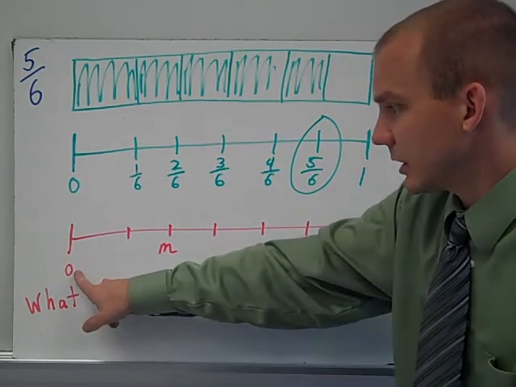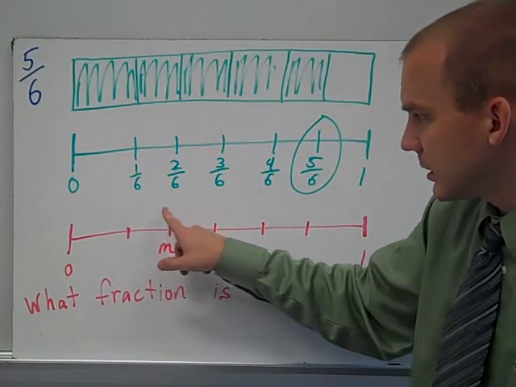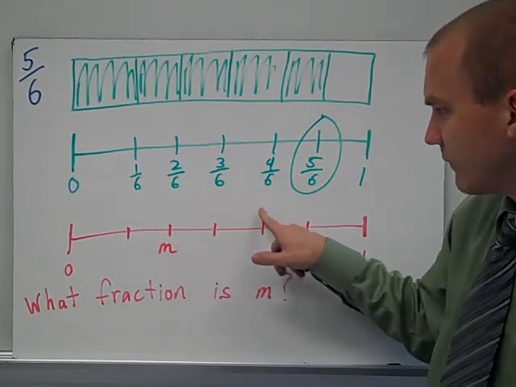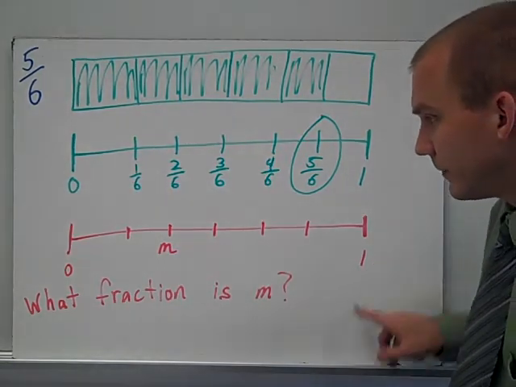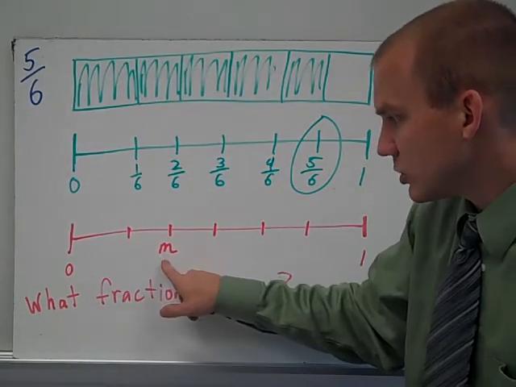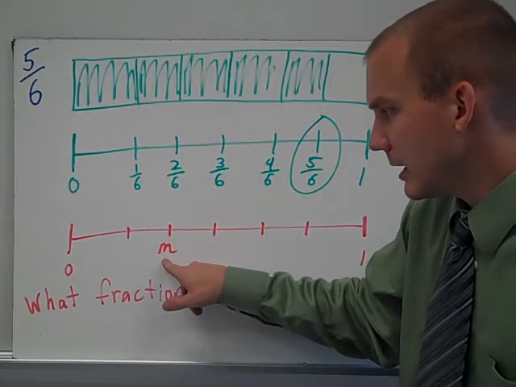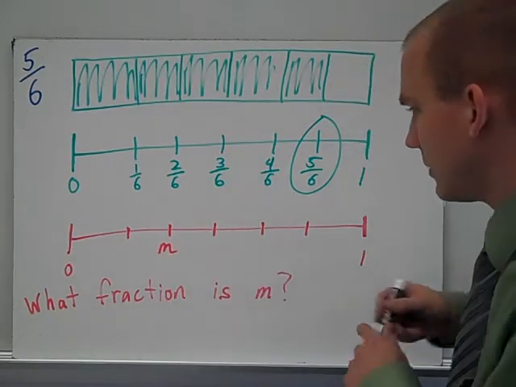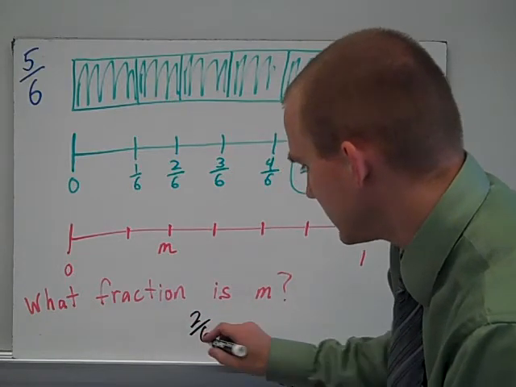So I really just need to start at 0 and count by sixths. So you have 1/6, 2/6, 3/6, 4/6, 5/6, 6/6, or one whole. Again, 1/6, 2/6. So 2/6 would be at this point on the number line, meaning that m, what fraction is m? Well, that would be 2/6.